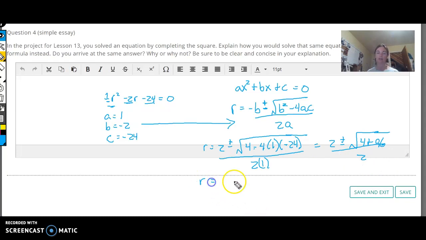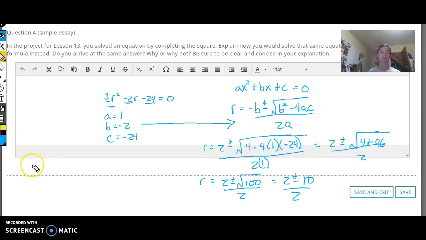So r equals 2 plus or minus the square root of 100 over 2. So the square root of 100, fortunately for us, is 10. So this is 2 plus or minus 10 over 2. All right, well, this is actually not so bad.